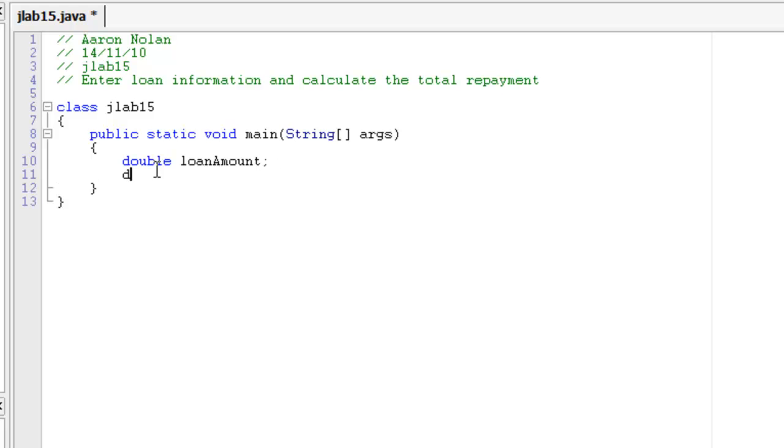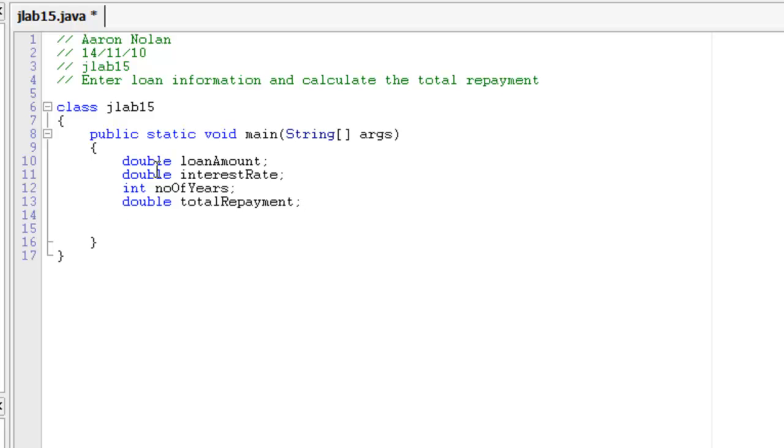The interest rate, so double interestRate, and the number of years. Now we can have the number of years as int numberOfYears. And we know somewhere along the line at the end we're going to have double totalRepayment. So that's what we know for definite we need right now.